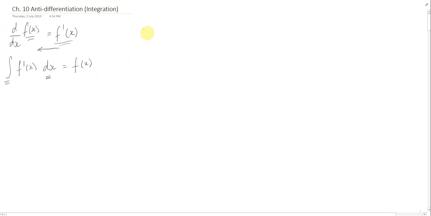Just to be extra confusing, sometimes people use different symbols. Sometimes they say to do the integral of some function with respect to x, dx, is equal to a big capital function of x. So here it's the same thing, it's just a different symbol.